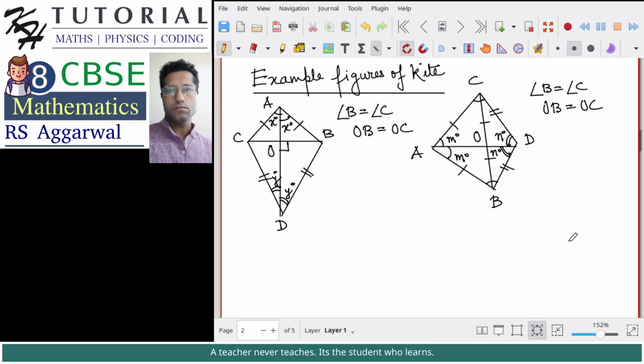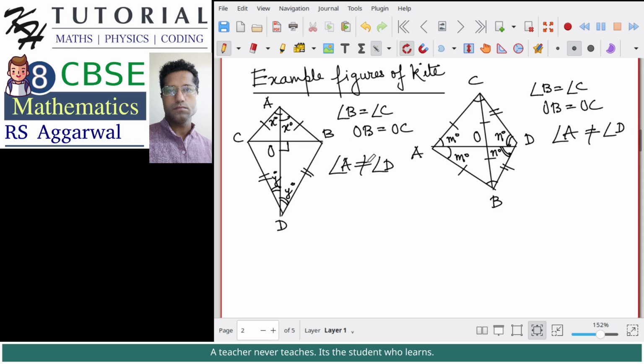Now please note that it is not necessary that m degree will be equal to n degree. Angle A and angle D will be unequal. So angle A will not be equal to angle D.